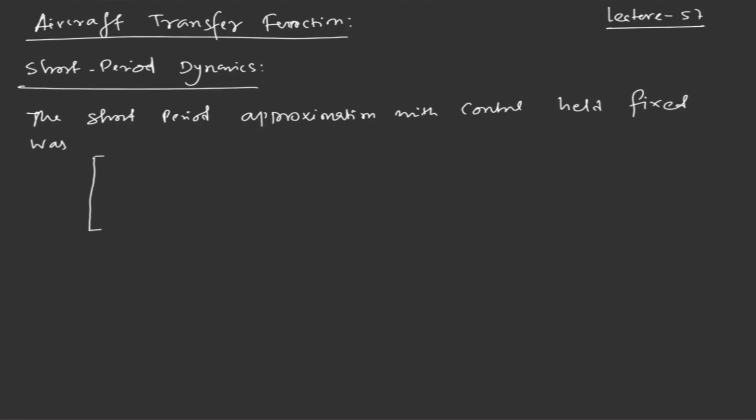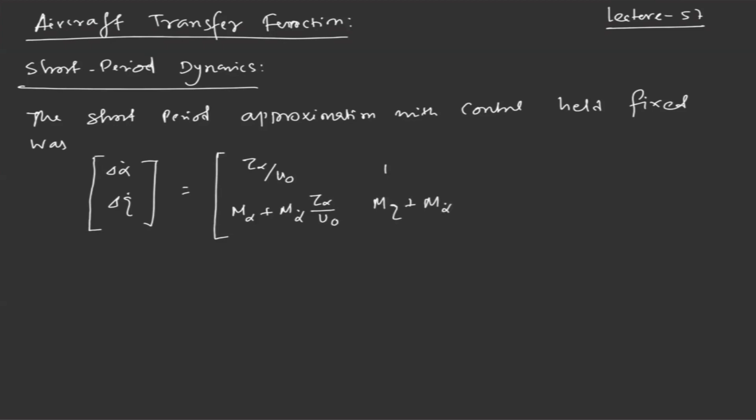We had delta alpha dot, delta q dot equal to [Z alpha divided by u naught, 1; M alpha plus M alpha dot Z alpha divided by u naught, M q plus M alpha dot], and the state vector delta alpha, delta q.